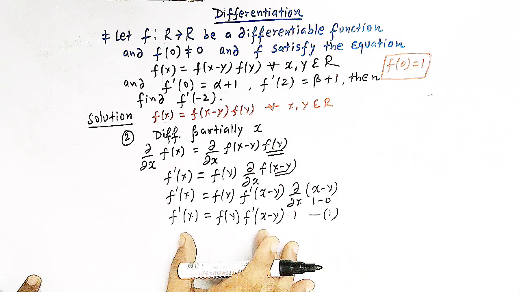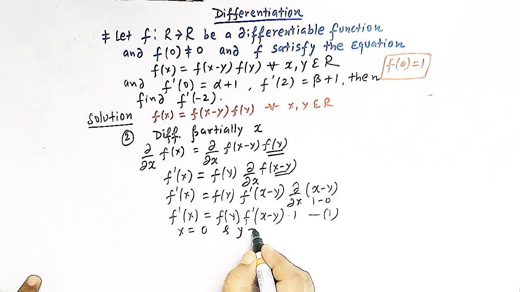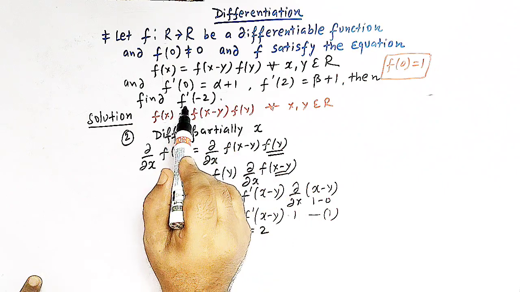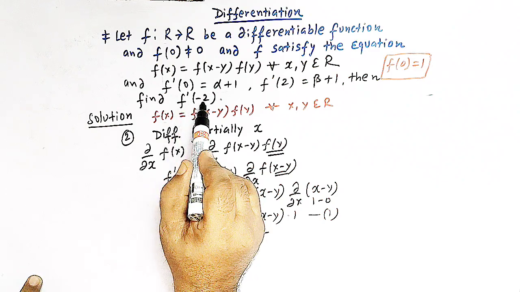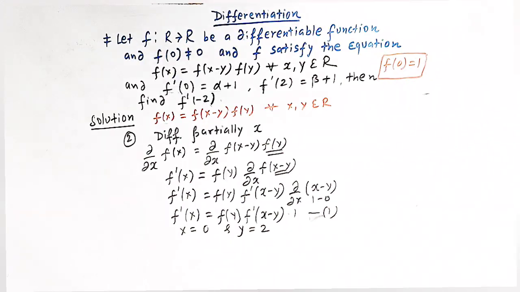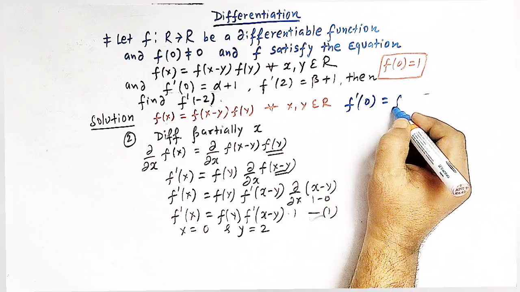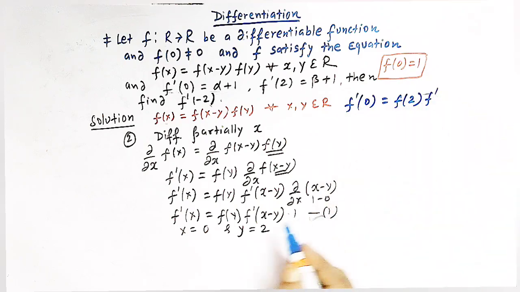So what we will do, we'll take x is equal to 0 and y is equal to 2, because we have to find the value of f prime of minus 2. So let us take x is equal to 0 and y is equal to 2 in this equation, so that we can get f prime of minus 2. So taking x is equal to 0 and y is equal to 2 in equation 1, we have f prime of 0, then we have f of 2 and f prime of x minus y, so we have 0 minus 2.